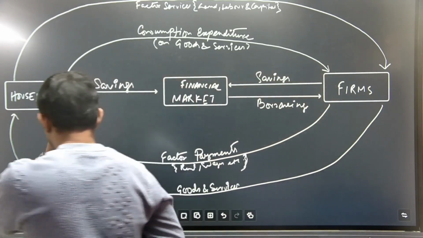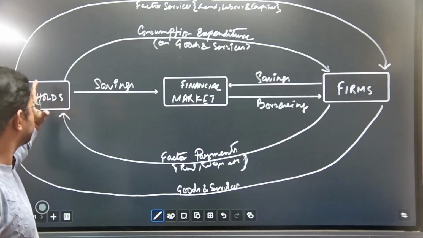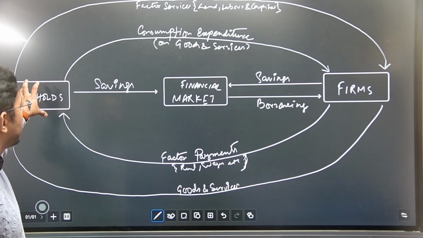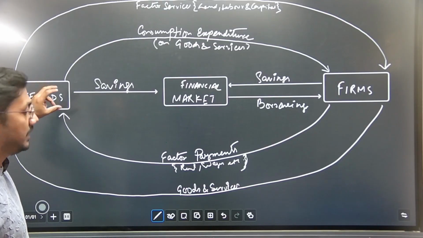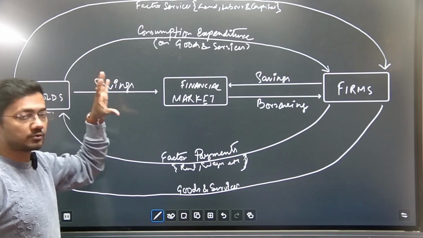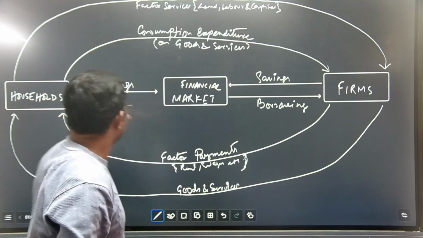Now, how does this circular money start? The households which have liquid money spend it in two ways.